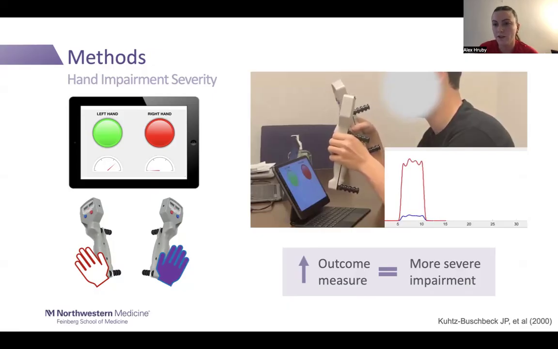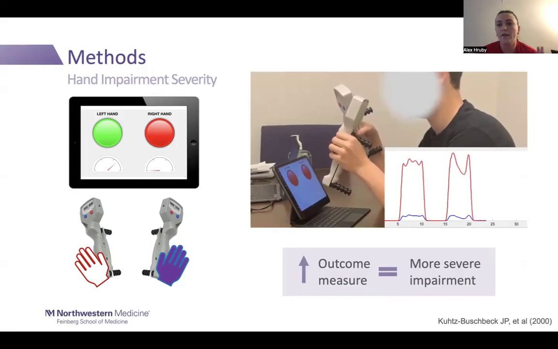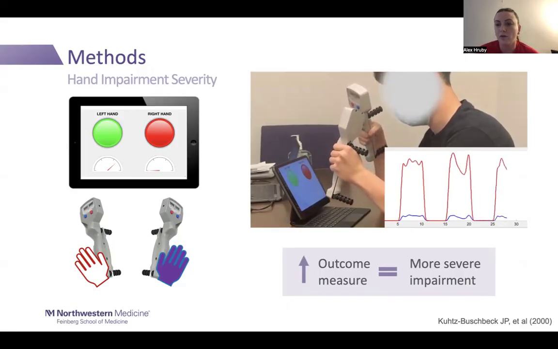And their right hand, even though it doesn't seem like a lot of force, follows what's happening with the left hand. Because that is their affected hand, it's actually a really high percentage of the force they're able to produce. Because we're looking at both grasp weakness and mirror movements, we can use those together to figure out how much they are mirroring in terms of what their max force is in their affected hand.